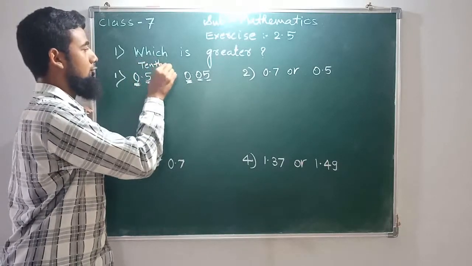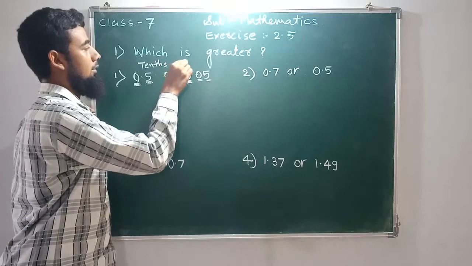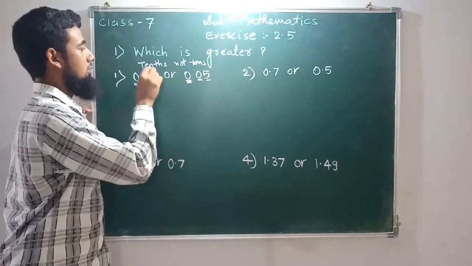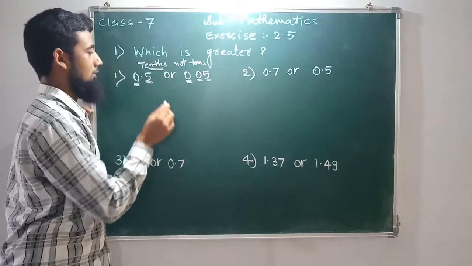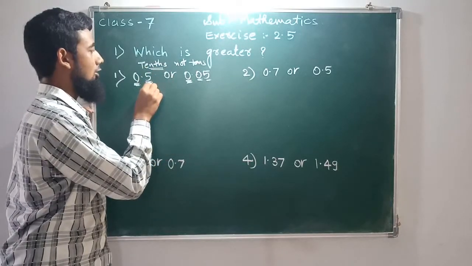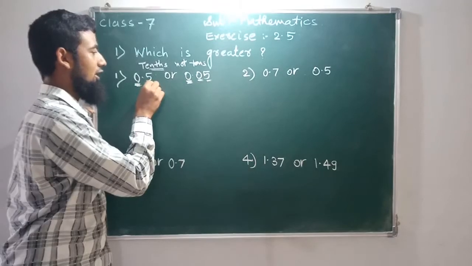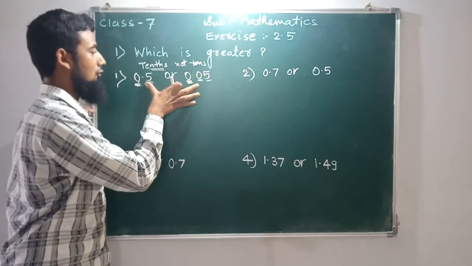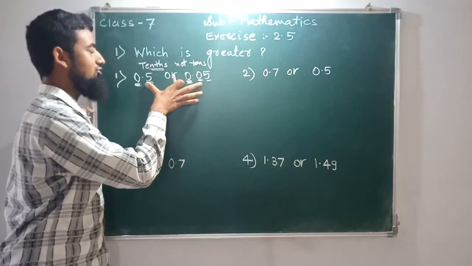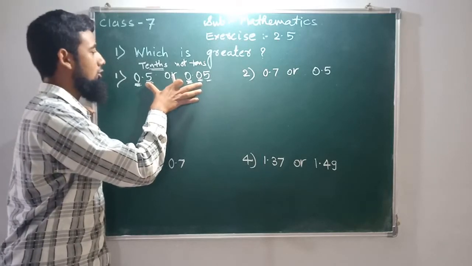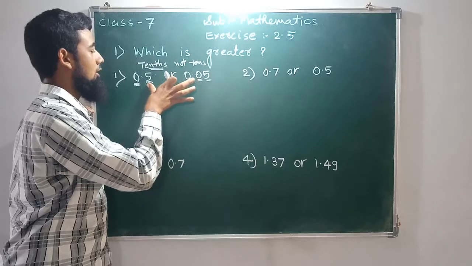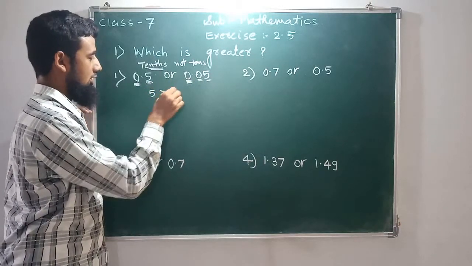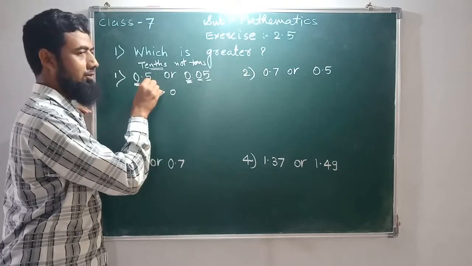The place of tens is this 5, and this is 0. If you compare 5 and 0, obviously you can find out which number is greater, beta. 5 is greater than 0. So obviously this number is bigger.